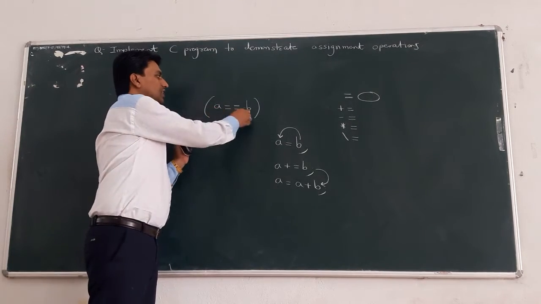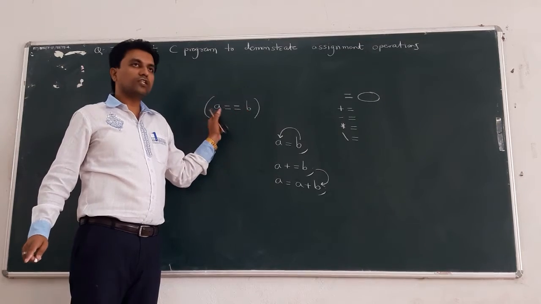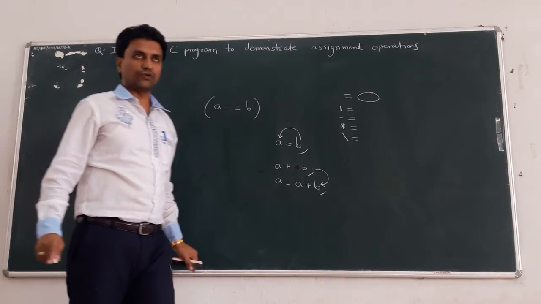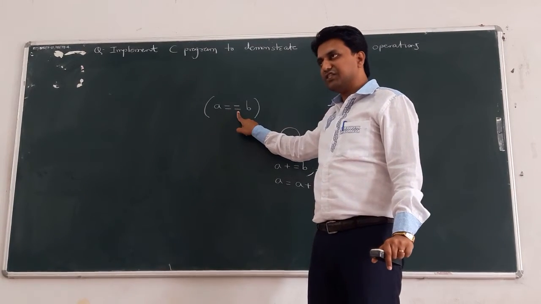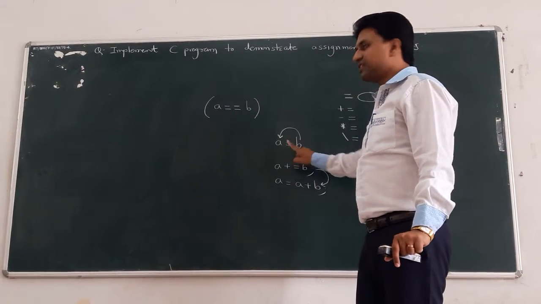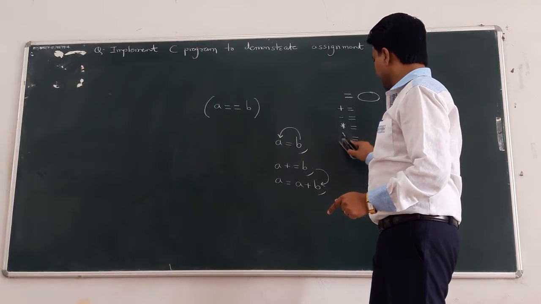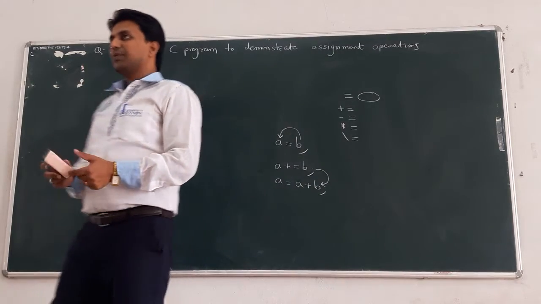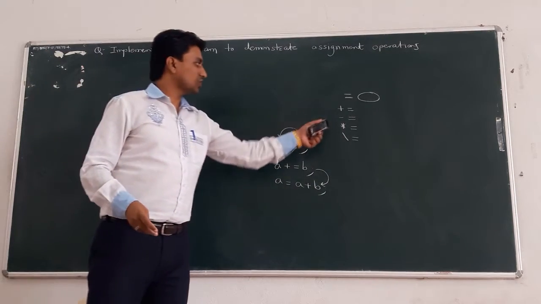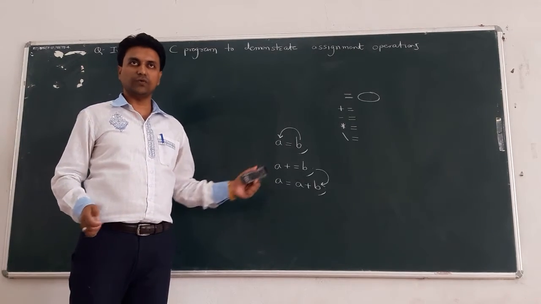That means if both are equal, then it returns 1, and if both are not equal, then it returns 0. Clear? So double equal to is a relational operator, and single equal to is an assignment operator. Next are plus equal to, minus equal to, multiplication equal to, and division equal to. These are all assignment operators, and also these are shorthand notations. So this is the meaning of an assignment operator.